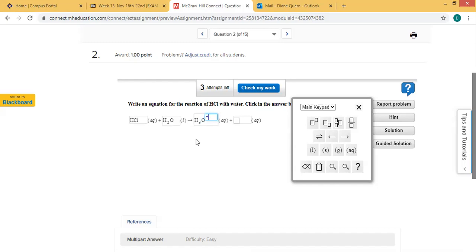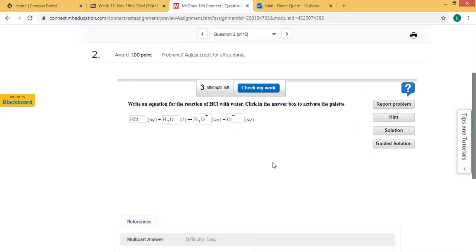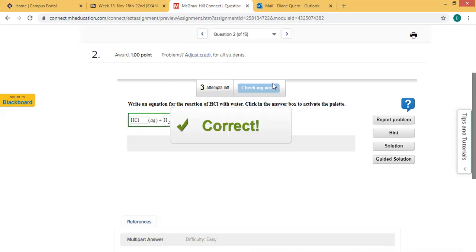So the water is accepting a proton. Then we're going to have the Cl- by itself. So that's how that's going to look. The water in this case is acting as a proton acceptor. The HCl, being the acid, is acting as a proton donor.